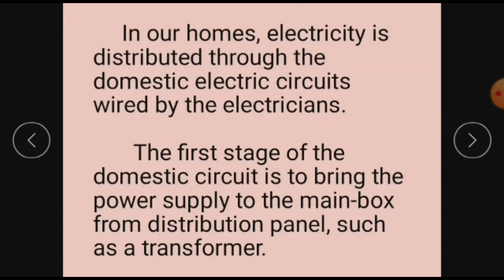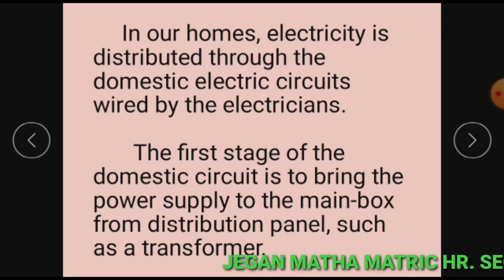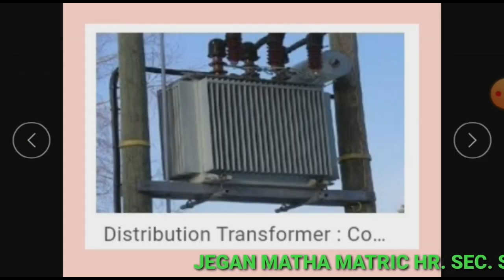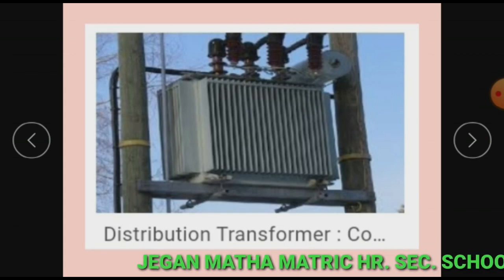In our homes, electricity is distributed through domestic electric circuits wired by electricians. The first stage of the circuit is to bring power supply to the main box from the distribution panel such as transformer.